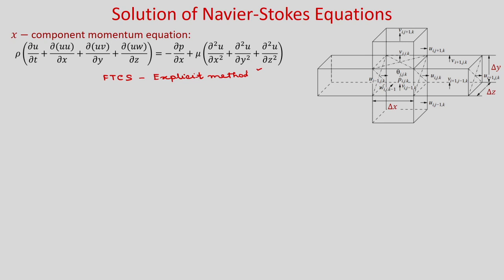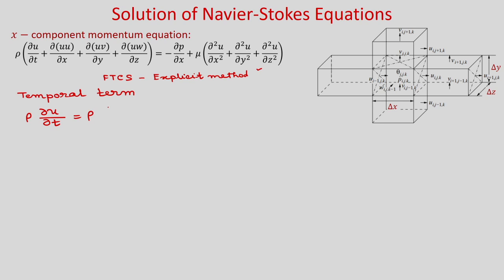So, first let us discretize the temporal term. What is the temporal term? This is rho del u by del t. Now we will use forward time, which is a first order accurate scheme.